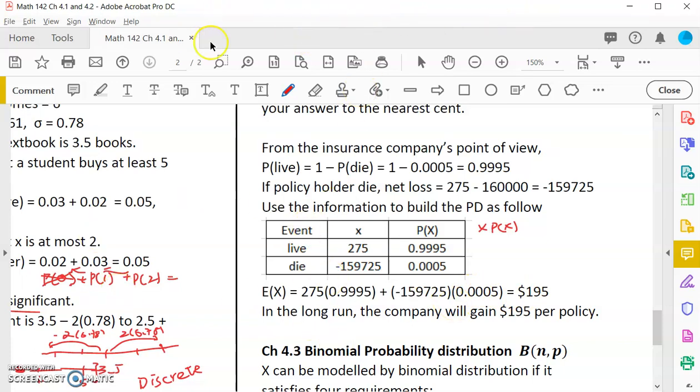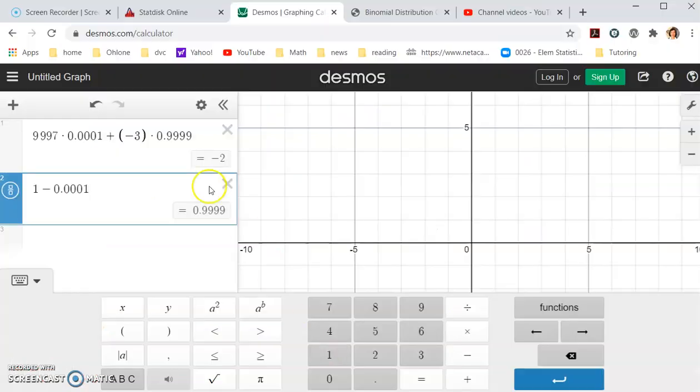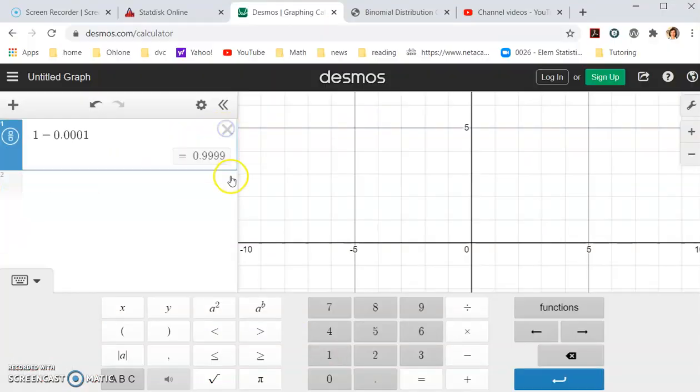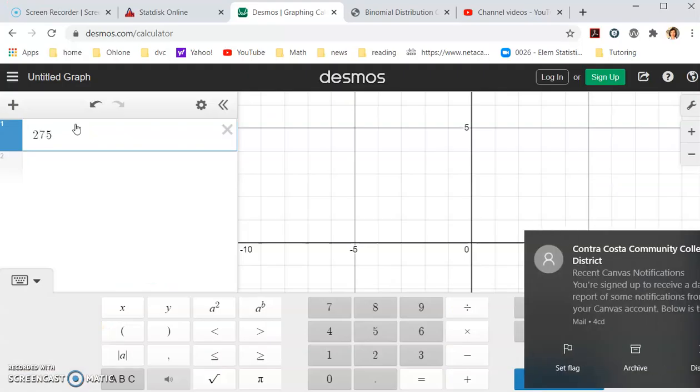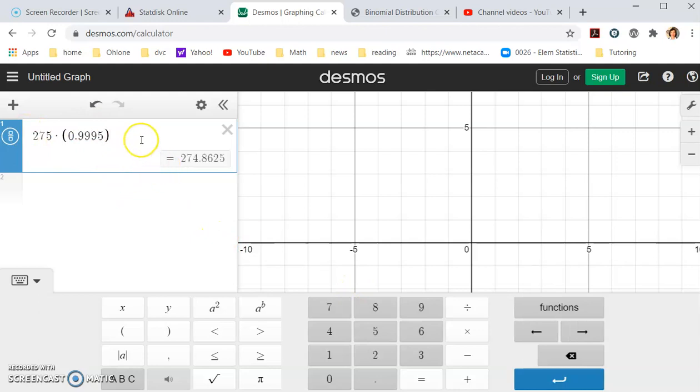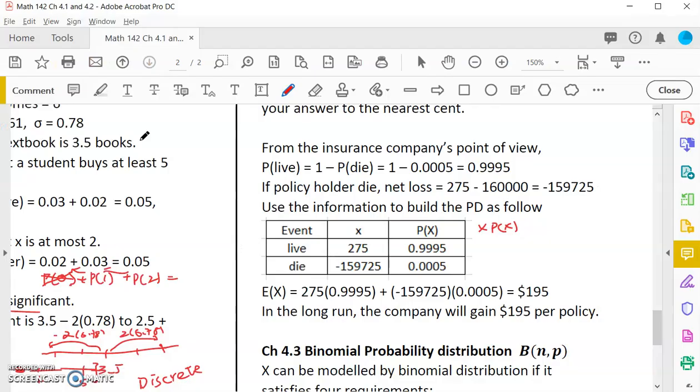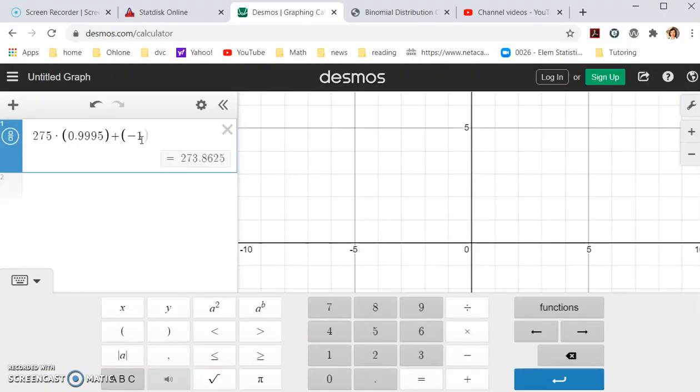If you want me to show you the steps, it would be like this: 275 times 0.9995, a high chance that you will live, plus negative 159,725, because the person died.